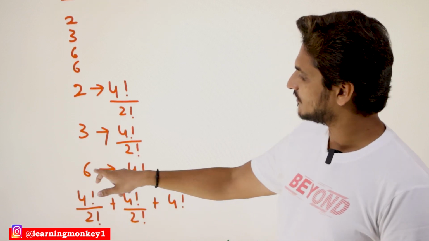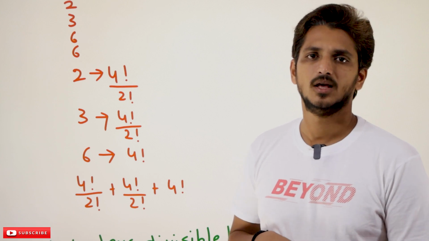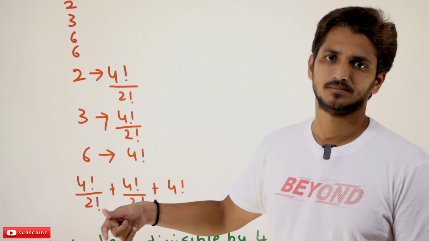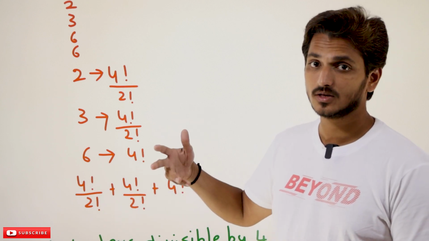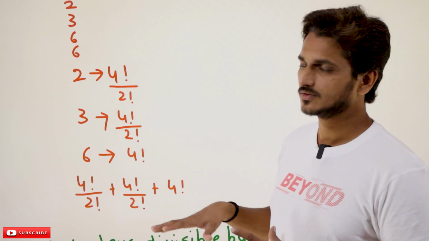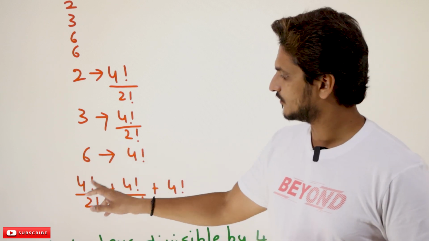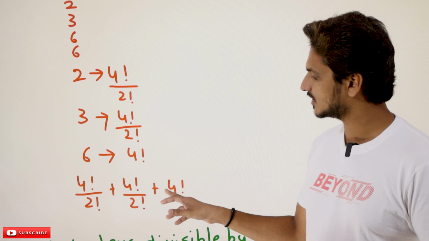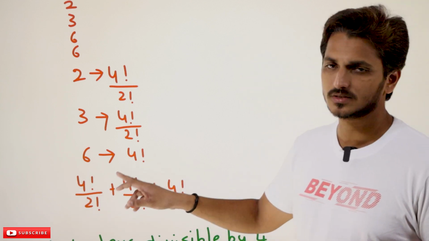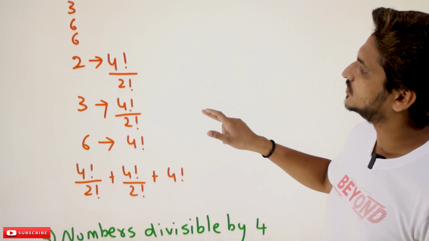So if you place 6 in the first digit, the number of possibilities is just 4 factorial. Each case we have done separately, so add all of them. Why addition? Because each is a separate case, they are not overlapping. Either this happens or this happens or this happens, so we go with addition. So 4 factorial by 2 factorial plus 4 factorial by 2 factorial plus 4 factorial. This is the count of numbers that are less than 70,000.